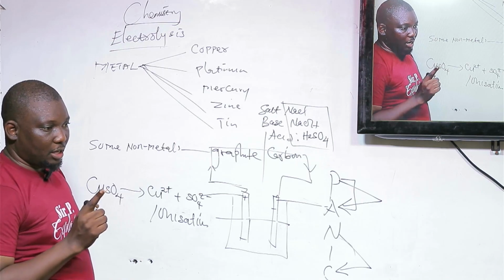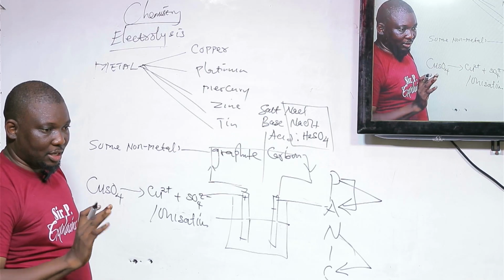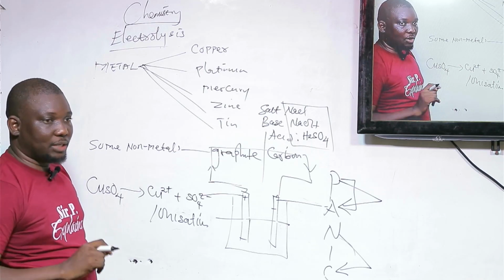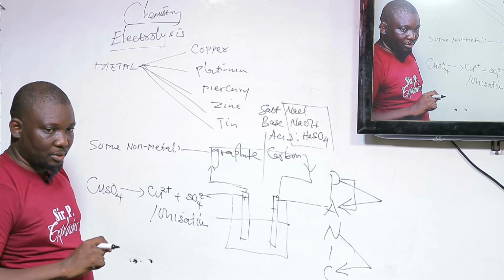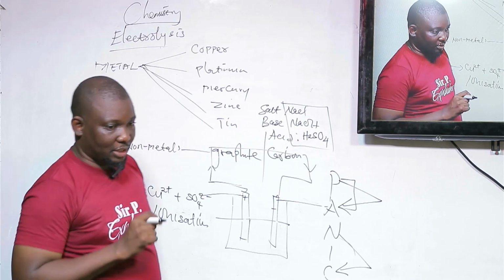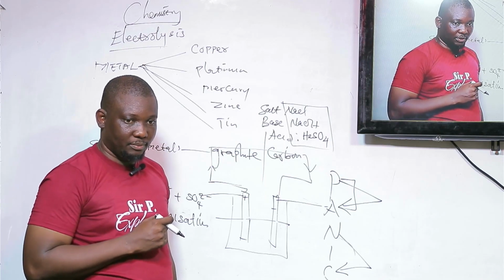Another way to explain this in a simple way: which ion is attracted towards the anode? Is it the positive or negative ion?